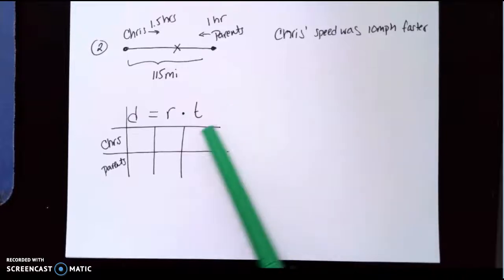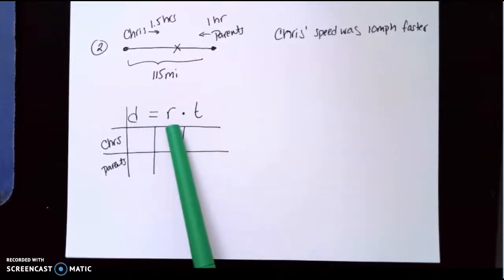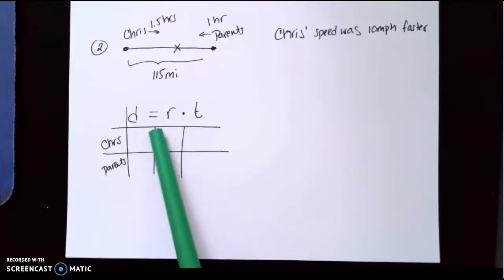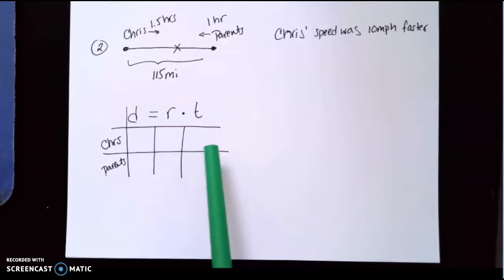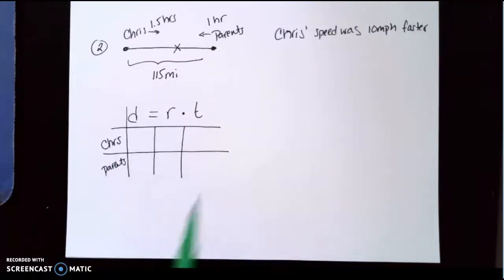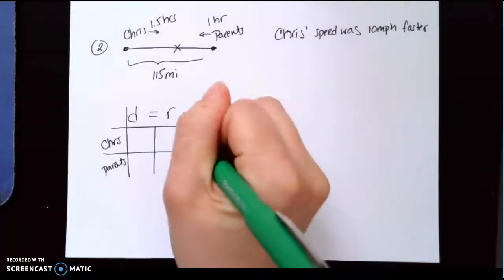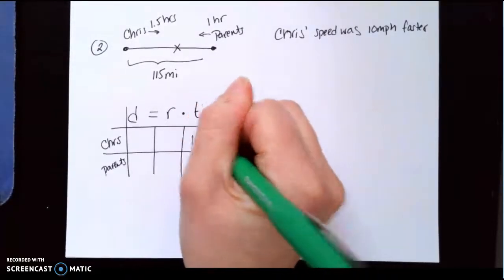So once again, I have the distance formula, d equals r times t, and I'm going to set up a table to help me define each of those variables. I'm going to do one for Chris and one for his parents. I like to begin with the information that is given to me directly, so I'm going to fill in the time for each. Chris traveled for 1.5 hours.